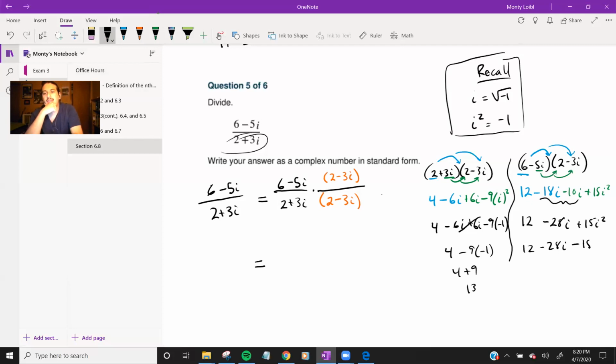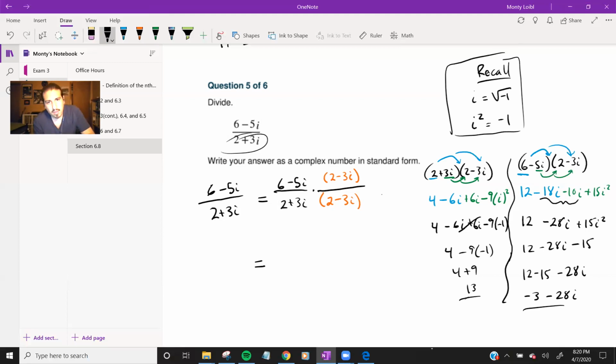This is now a -15, right? i squared is -1. Okay, so combining the real parts, we got 12 minus 15 minus 28i. 12 minus 15 is -3 minus 28i. Okay, so we've simplified it down to these two quantities.